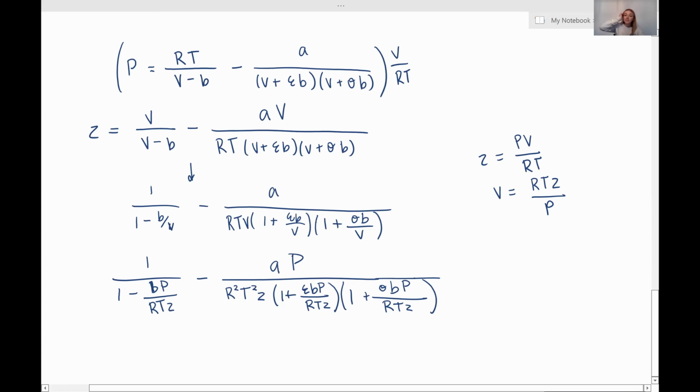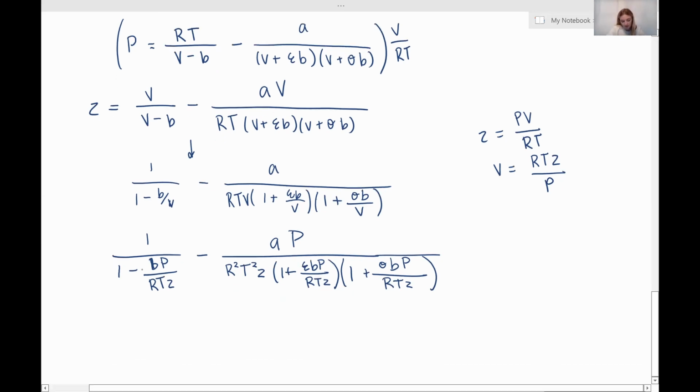Now that we have replaced all the volumes, we can see that we have similar terms in all of these expressions, the bP over RT with Z, because that's what we're going to be getting at in the end.